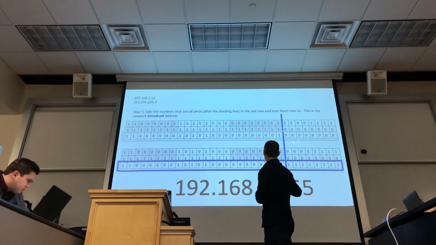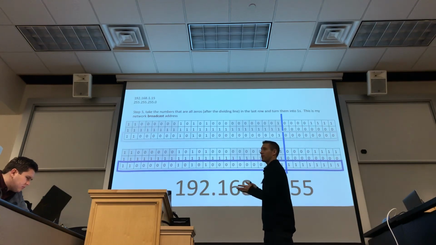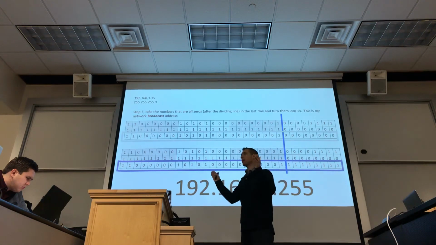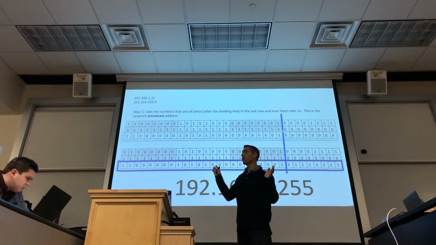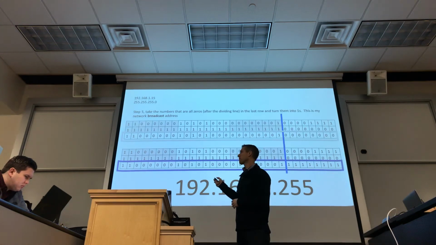Then I did a logical AND, and this one right here became my network address. Now I'm going to change all of those into 1s, and that's my broadcast address. So I've bounded it. This number happens to fall between 1.0 and 1.255. All addresses are going to fall within a particular range defined by my subnet mask.